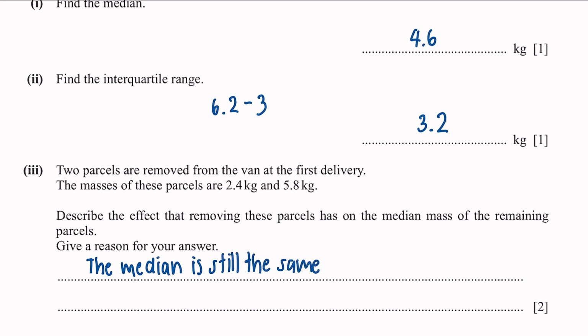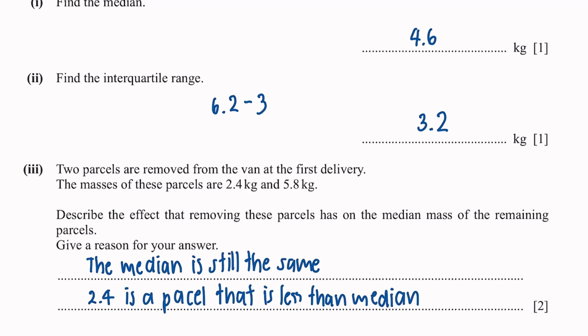Because 2.4 is a parcel which is less than median. And 5.8 is a parcel that is greater than the median.